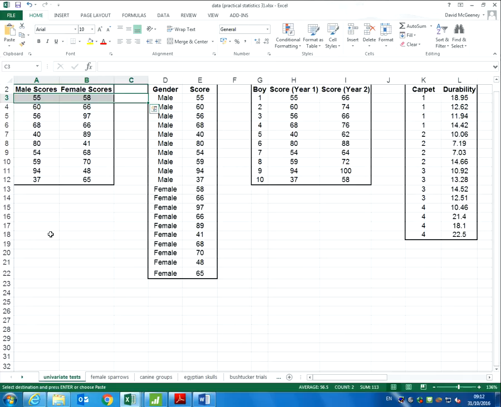Okay, so consideration 1, data type. We're dealing with numerical information, aren't we? Quantitative data. Okay, what were my 2 questions over the last 2 weeks on the discussion boards? What is the equivalent of the 2-sample t-test if you've got categorical data? And Yulia answered with the chi-squared test.